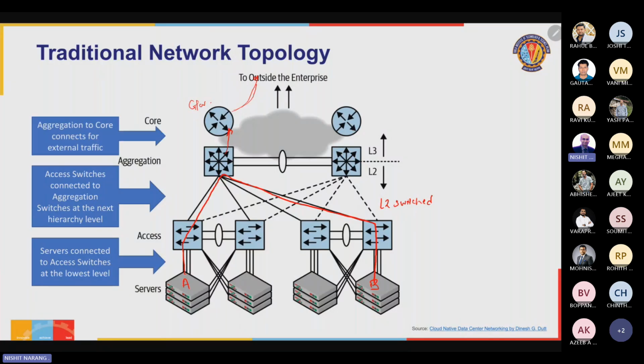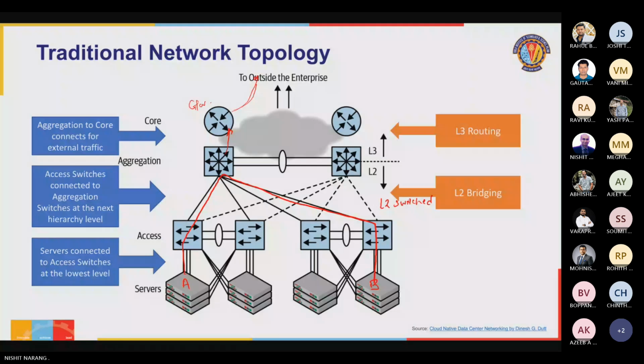So the aggregation to core connection is basically for all the external traffic that goes out of the enterprise. This is how traditional enterprise-specific data center networks were set up. Everything internal, like a local area network, is L2 switched or L2 bridged. Everything going out from the enterprise is layer 3 routed.